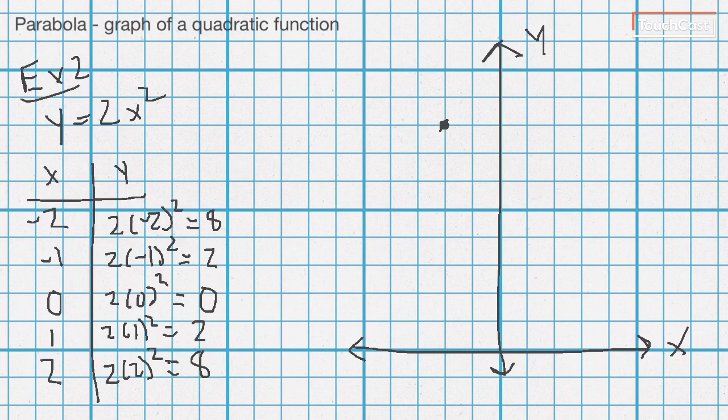I've got negative 1, 2, 0, 0, 1, 2, and 2, 8. Now I'm going to do my best to connect these dots. What a parabola is going to look like is going to be roughly shaped like a U. Now, I did not do mine very well, so let me redo this.